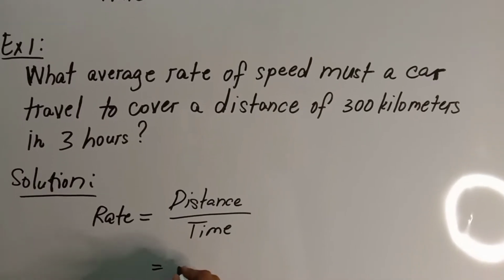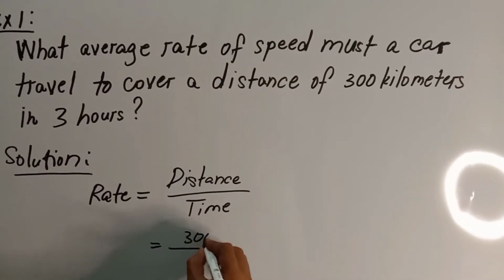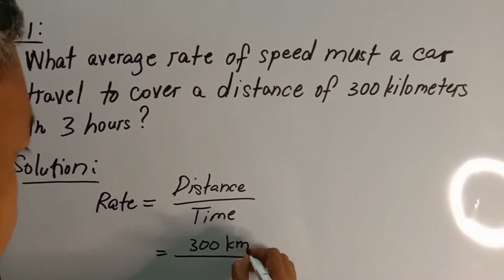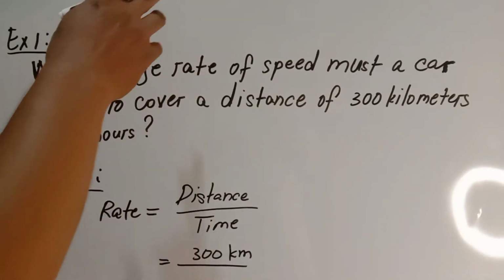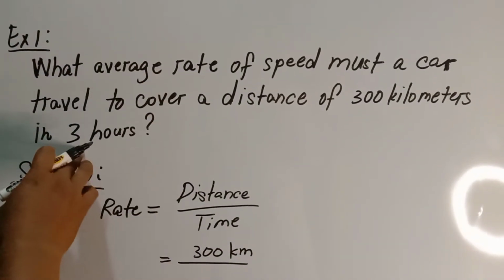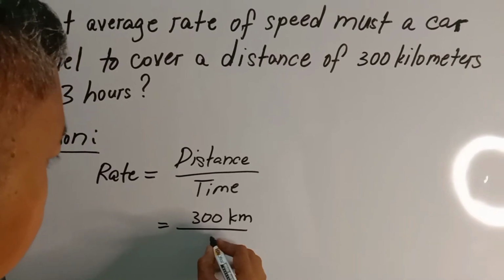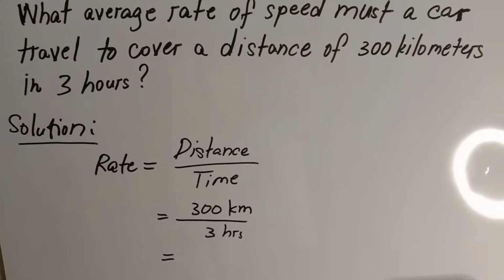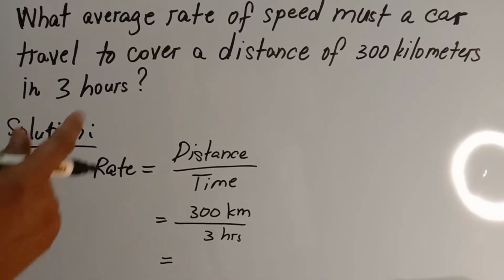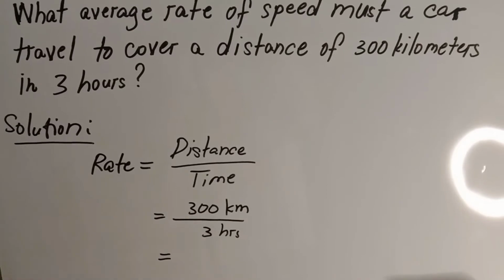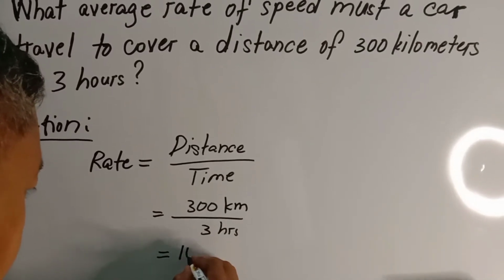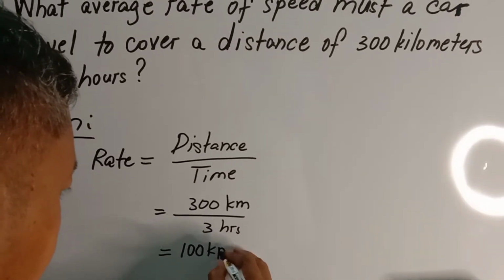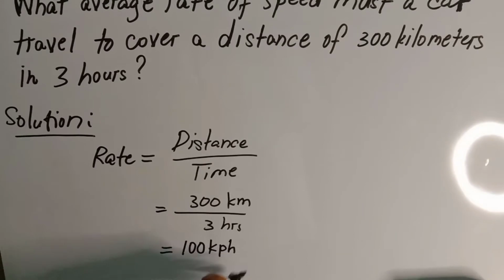And the time to travel is given, 3 hours. So how much is the speed or the rate to cover a distance of 300 kilometers in 3 hours? 300 divided by 3 is 100 kilometers per hour, or kph.